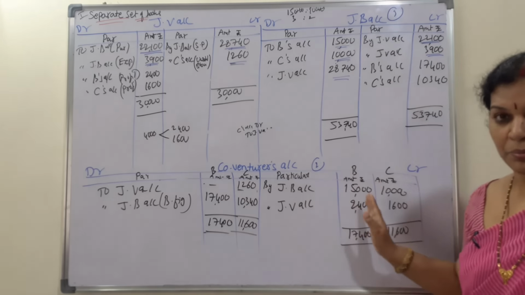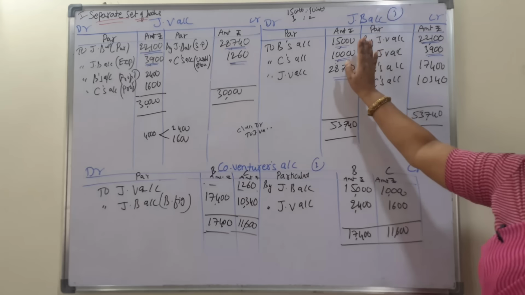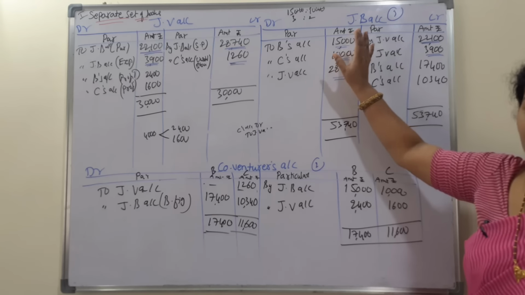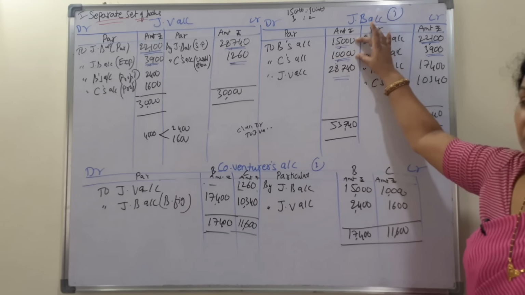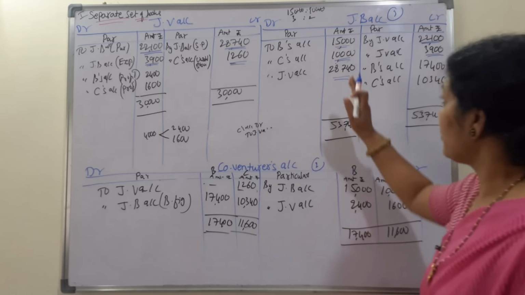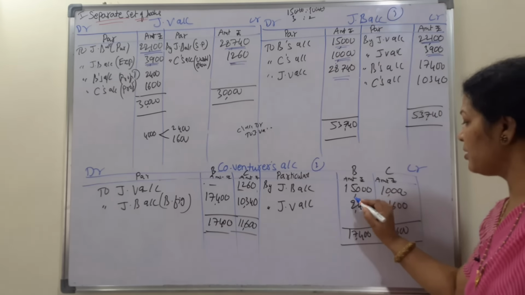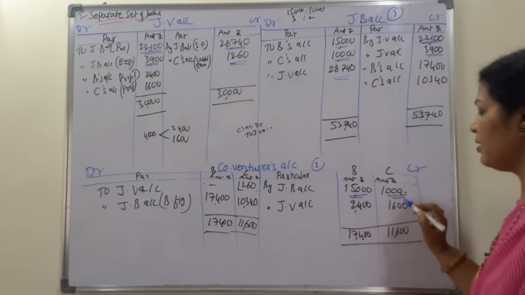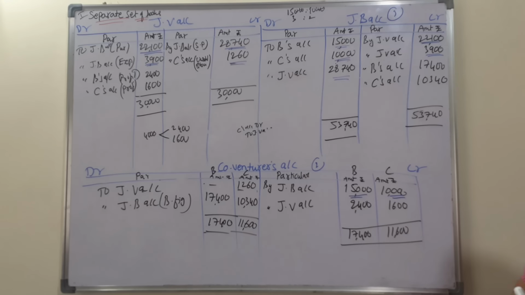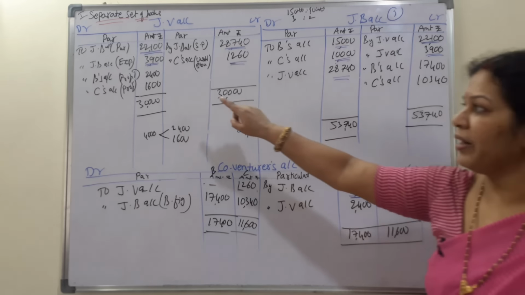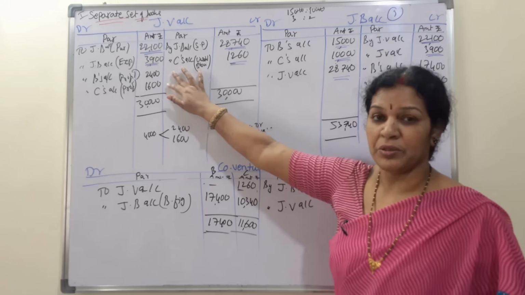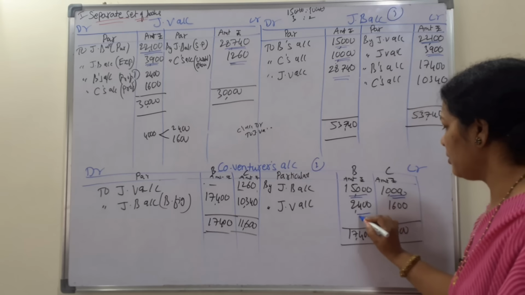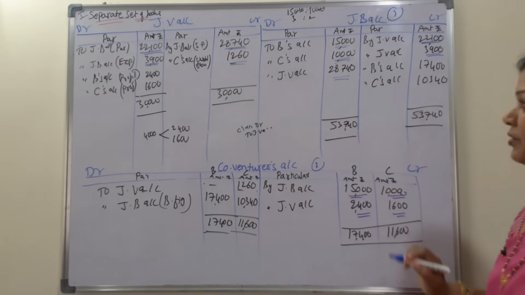Co-venturers are B and C. First we write the bank deposit amounts, 15,000 and 10,000. This is on the debit side in the bank, so it comes on the credit side here. Any other entries? Here you are finding profit, debit to credit, 2,400 and 1,600.